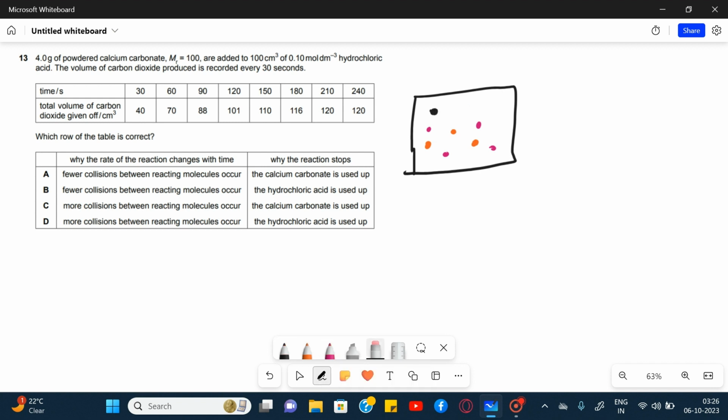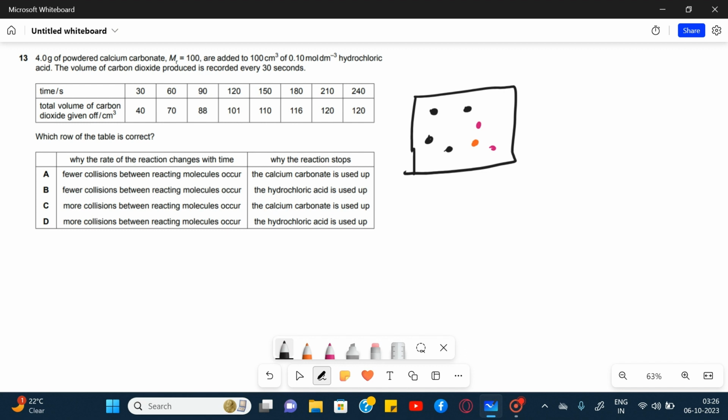So slowly you'll see that reactants are decreasing and products are formed. So with time there will be fewer reactants. As a result, the collisions between the reactant molecules will decrease. So fewer collisions between the reactant molecules leads to a change in the rate of reaction, right? So either option A or B can be the correct one.